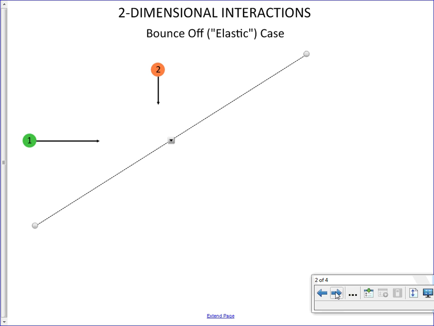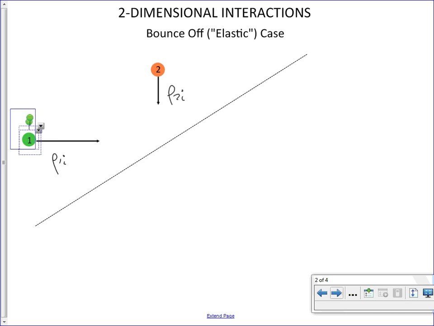Let's look at this case where these objects collide and bounce off of each other, or we call this an elastic collision. All right, now what I'd sort of have to tell you, again, we could say this is the first one's initial momentum. This is the second one's initial momentum. Now, there's a lot of things that could happen in the end.